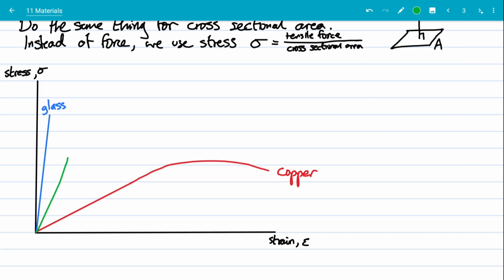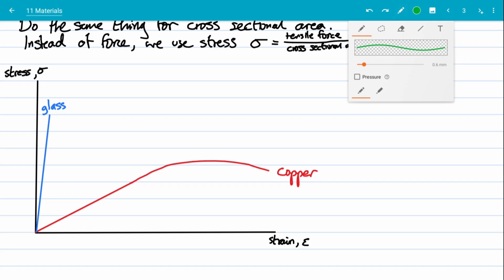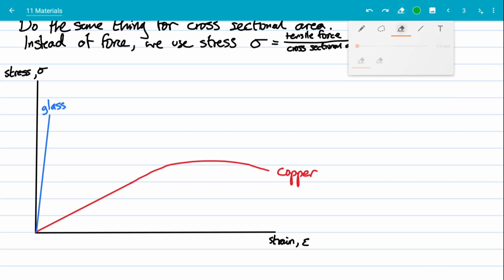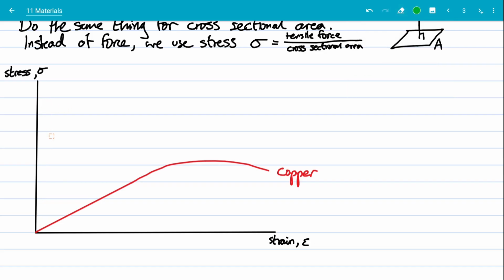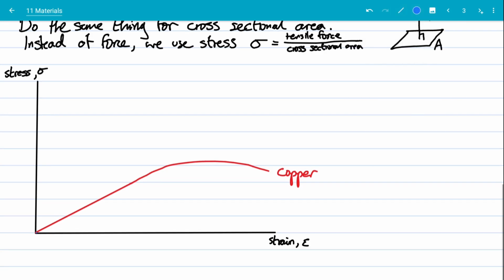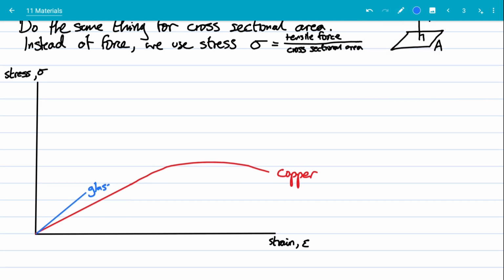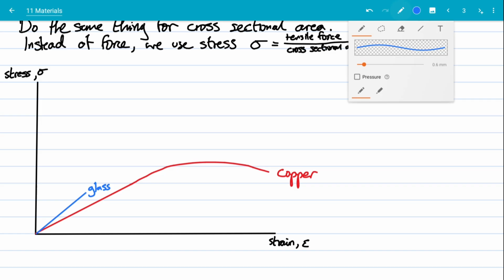But I'm going to put steel in between these two. Why would I assume that I know more than the notes do? Let's not. Let's do exactly what it says. And then sudden fracture, and that's glass. So it's brittle because we don't get very much strain, and there's not a lot of deformation that's permanent. There's not a lot of permanent deformation with glass. It's only able to be deformed elastically.